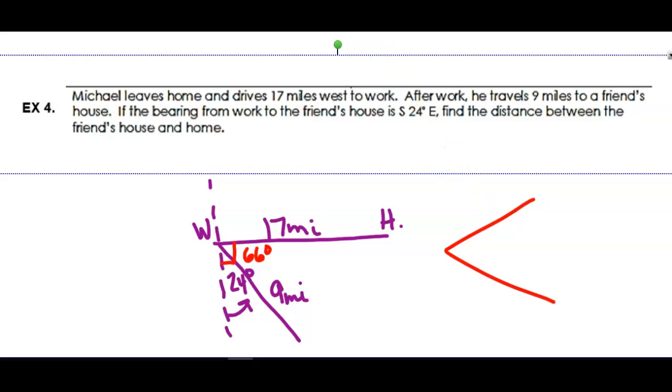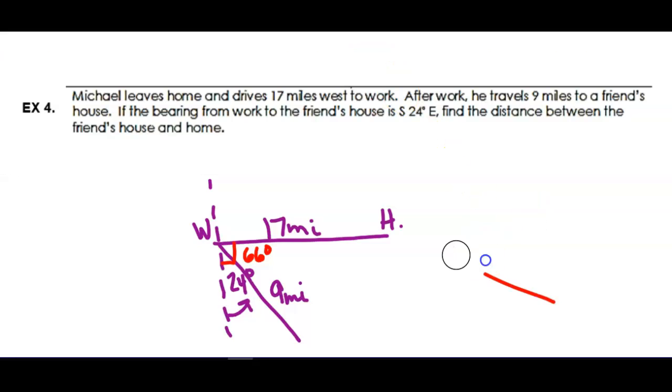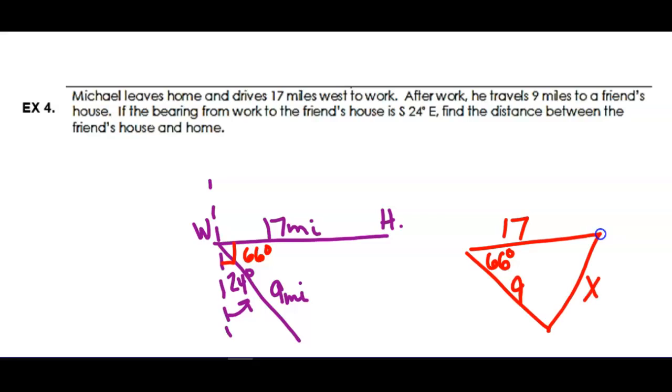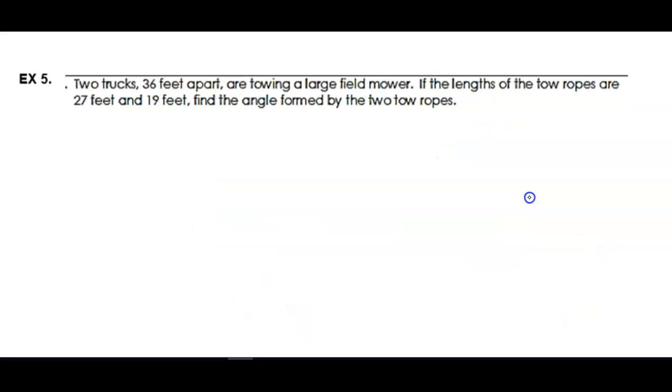Well, I could at least make it look like east-west. 17, 66, and 9. And how far is he from home? So that's just a law of cosines question again, okay? X squared equals 17 squared plus 9 squared, blah, blah, blah. I'll let you finish that one, and the notes will be on the answer key. You can check your work.